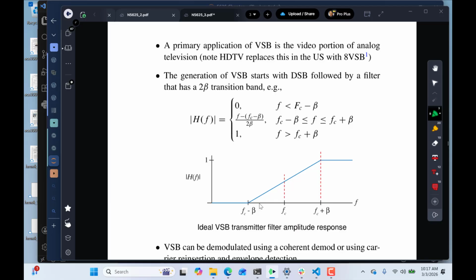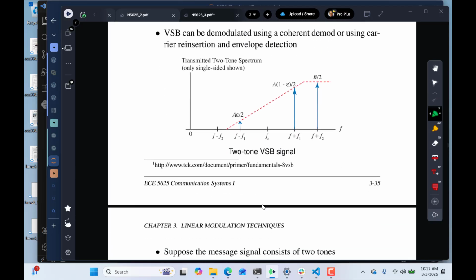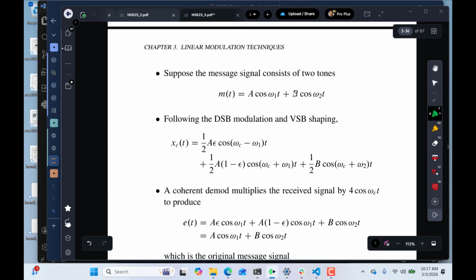What I'm trying to make you understand is the triangles kind of fit together, and then you get a flat spectrum when you do this vestigial sideband operation. So this spike will get added onto this one, and it will remain flat.